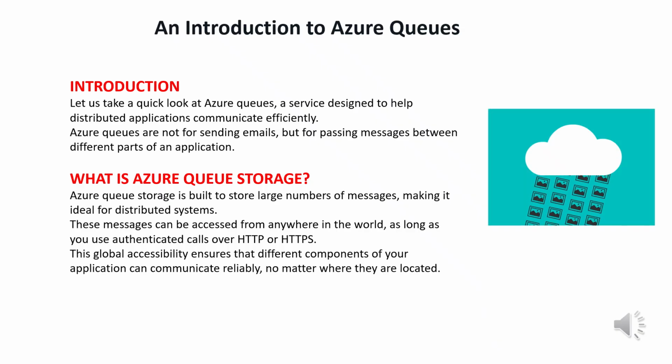These messages can be accessed from anywhere in the world, as long as you use authenticated calls over HTTP or HTTPS. This global accessibility ensures that different components of your application can communicate reliably, no matter where they are located.